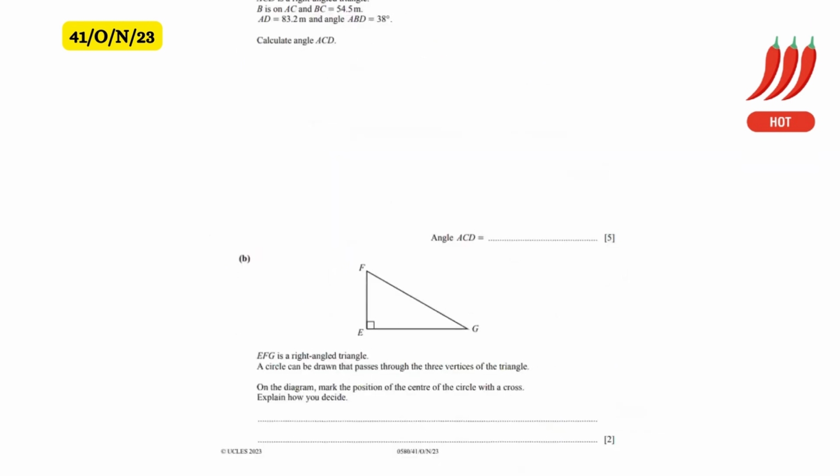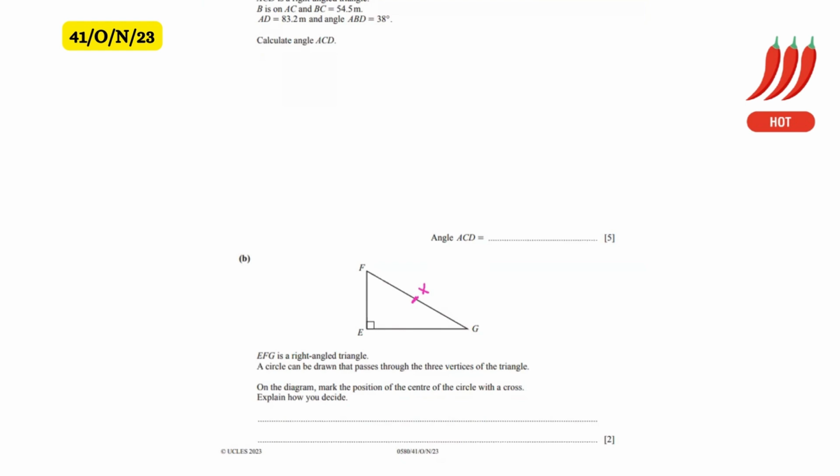Then part B says EFG is a right angle triangle. A circle can be drawn that passes through the three vertices of the triangle. On the diagram, mark the position of the center of the circle with a cross. Explain how you decided. So center would be the middle of F and G. Why? Because angles in a semicircle equal to 90 degrees.